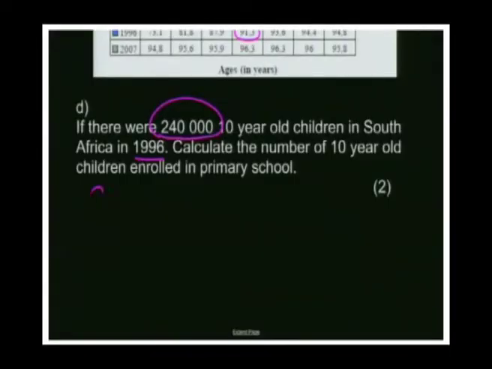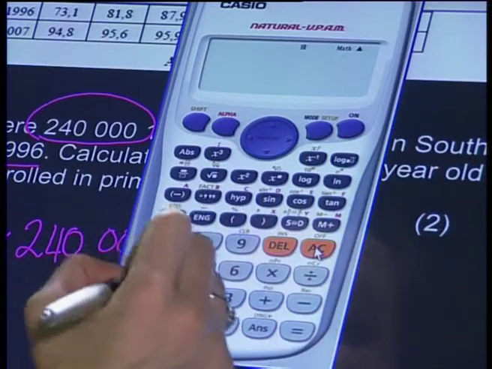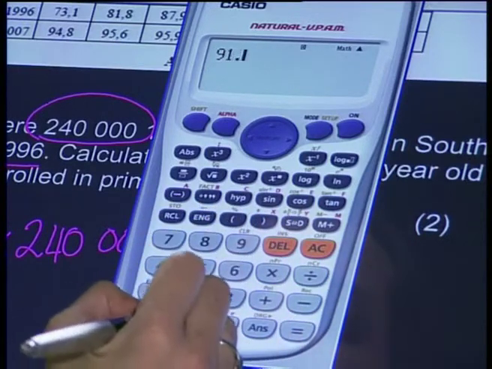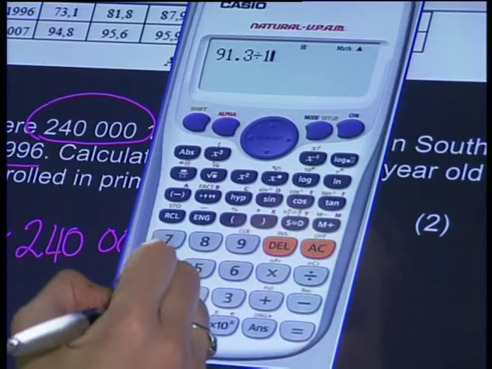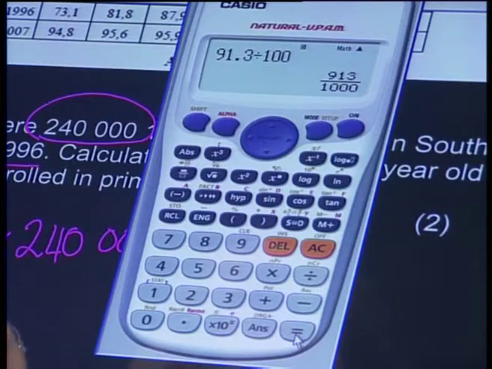So let's say we're going to do 91.3 over 100 of 240,000. Now, I know you're not meant to put a decimal into a fraction, but we need to divide by 100 to make it into a percentage. So we can say 91.3 divided by 100 to get it into a decimal.